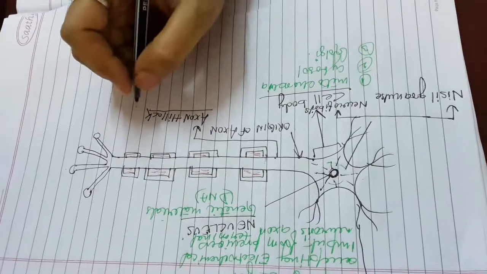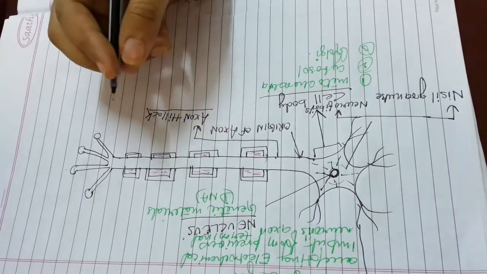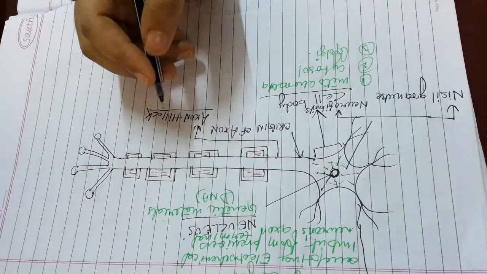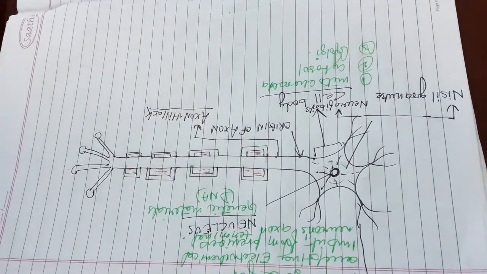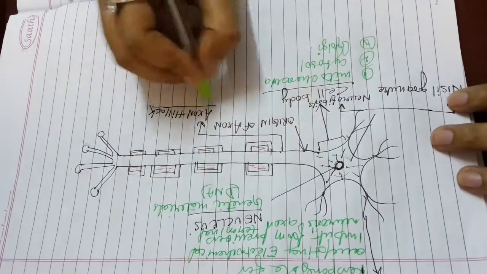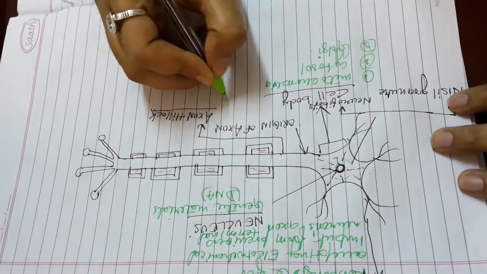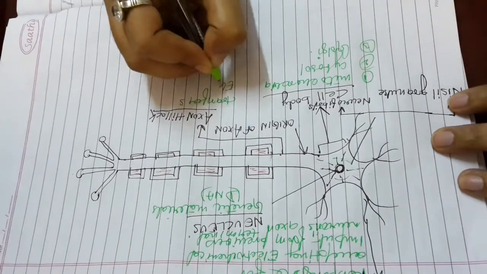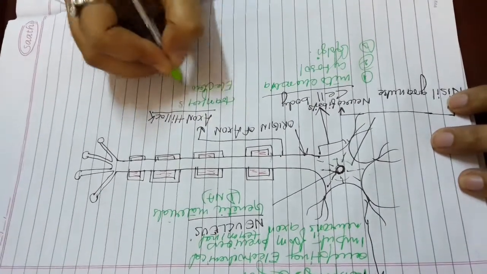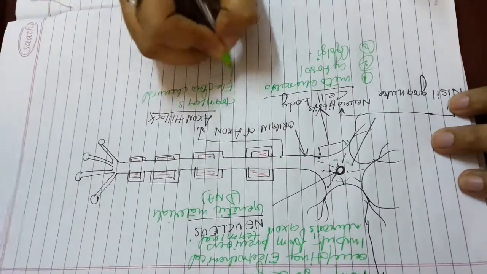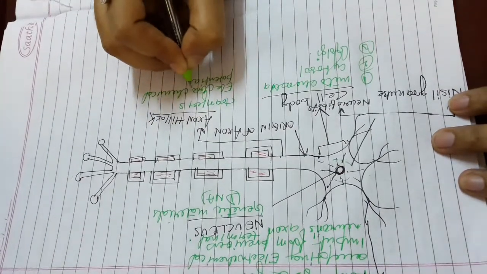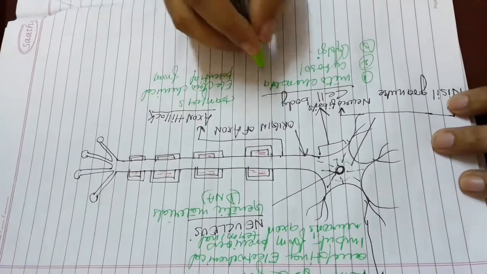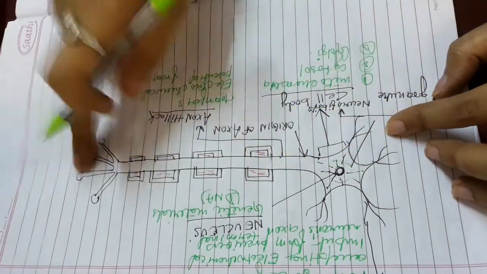The function of axon hillock is to transfer the electrochemical potential from the cell body to the axon terminals. The axon hillock is responsible for transferring the electrochemical potential from the cell body to the axon terminal.